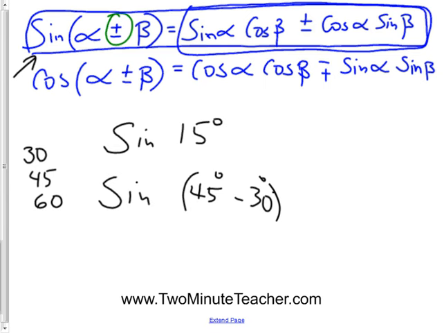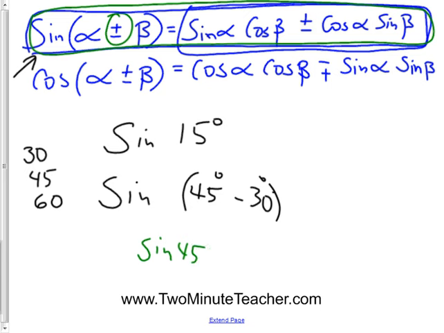So now I can use this formula here and say, all right, that would be the sine of alpha, which in this case is 45, times cosine of beta, which in this case is 30. The two numbers are 45 and 30. And I'm just reading off this formula. Next it says plus over minus. Does it matter if it's minus over plus or plus over minus? Yes, it does.